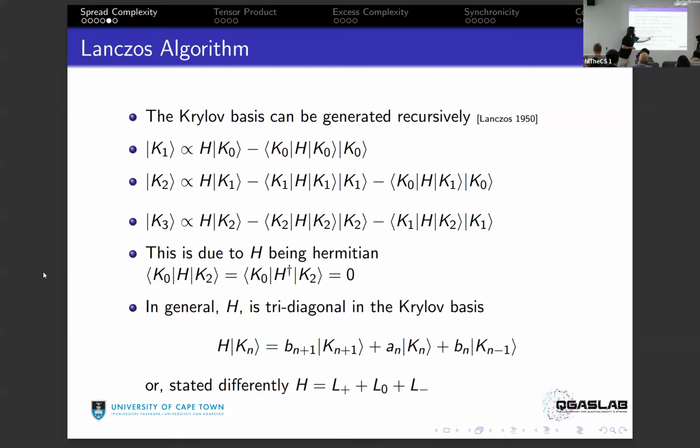Each point in the chain is a Krylov basis vector, and there are these hopping coefficients, or Lanczos coefficients. Stated in an operator way, you've given me a generic Hamiltonian, and I've decomposed it into three operators. One that's pushing me forward along the Krylov chain, one part, its Hermitian conjugate, that's hopping me back, and one that keeps me at the same site.